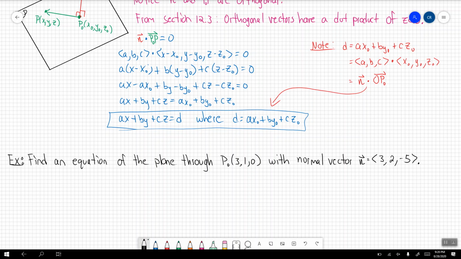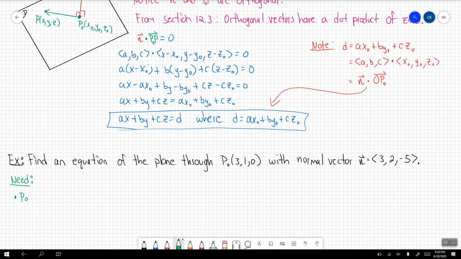In order to find the equation of a line, we needed two items. Number one, a directional vector. Number two, a point on the line. Very similar items here for the equation of a plane in R 3. So what do we need?